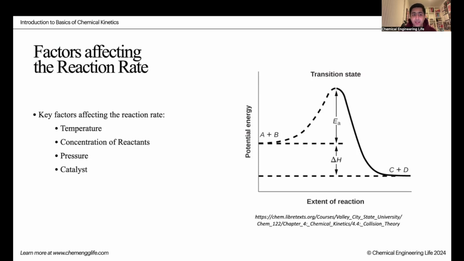A catalyst takes a shortcut, and it does so by reducing the activation energy of the reaction. Hence, even if the particles do not possess the right amount of kinetic energy, they're still able to reach the transition state because the transition state requirement has been reduced. And that's exactly what a catalyst does.